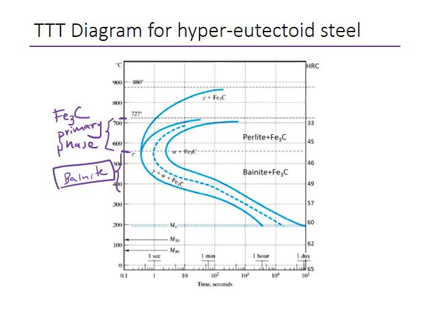In this diagram, they don't tell you that. They are using the alpha or ferrite plus cementite, which is okay.